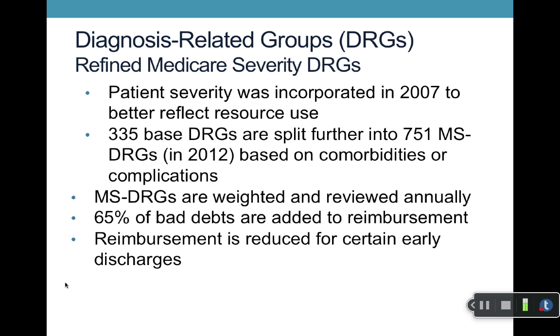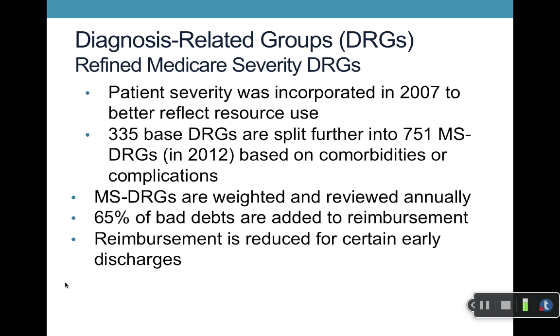There, of course, are refinements that are made to the DRGs based on patient severity. So, of course, not every patient requiring a hip replacement is the same in terms of the level of complexity of the care that they require. They may have multiple comorbidities. They may be more prone to other complications.